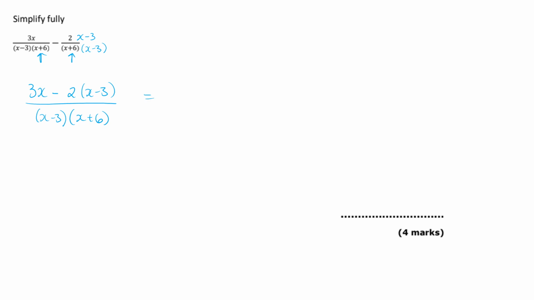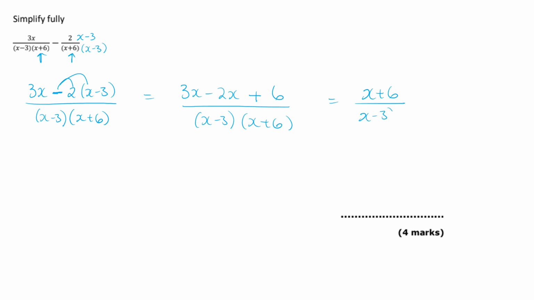Multiplying this out, don't forget that this minus belongs to 2, so we need to multiply that out and get 3x minus 2x, but then plus 6 all over our x minus 3, x plus 6. Tidying up on the top, we've got an x plus 6 over an x minus 3, x plus 6, and then that term on the bottom can cancel, so we're just going to be left with 1 over x minus 3.